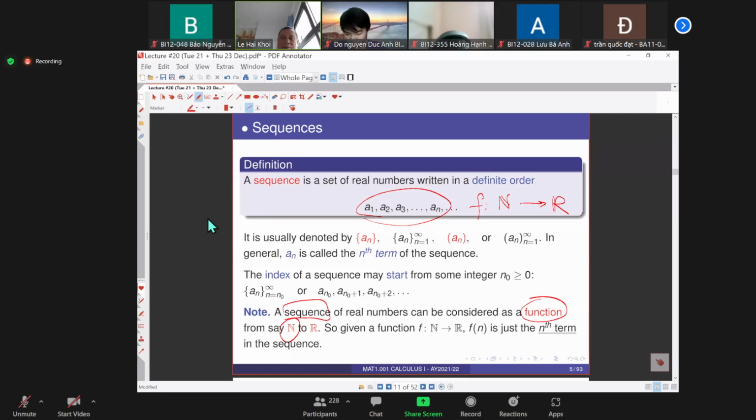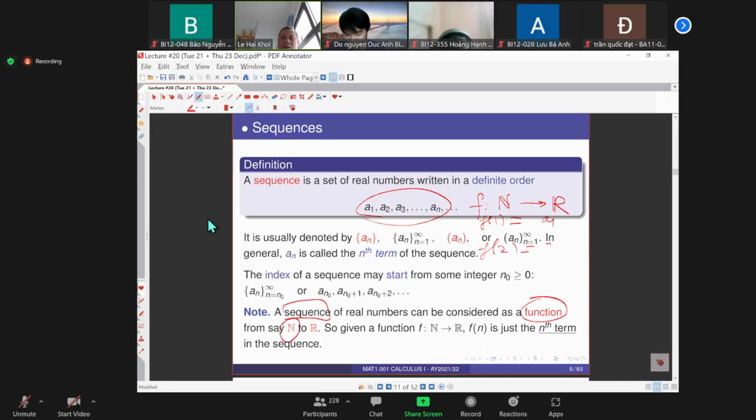And f at 1 is a1. F at 2 is a2. F at n is an. And this is the n term.